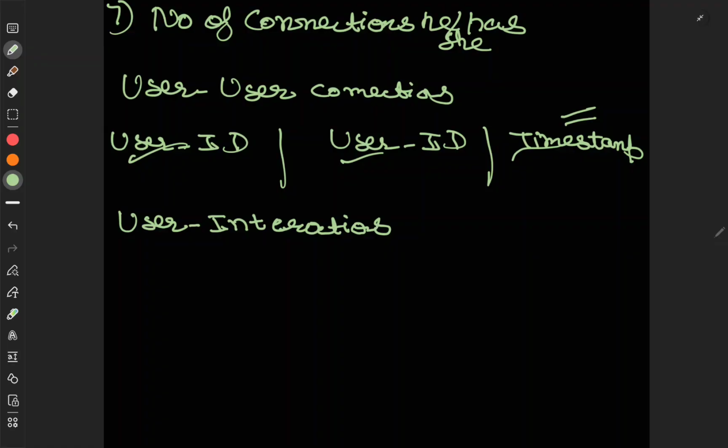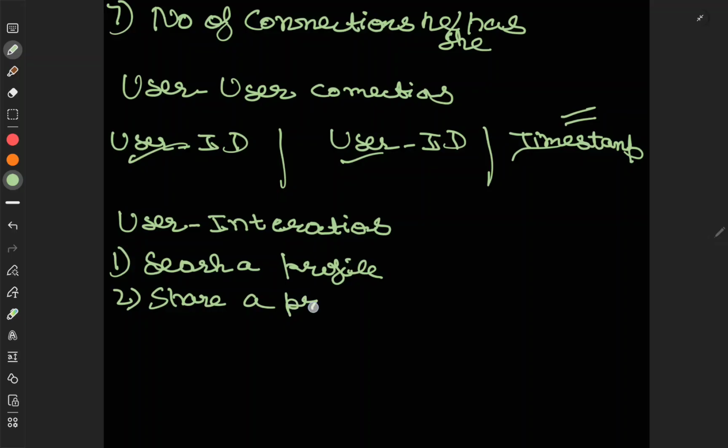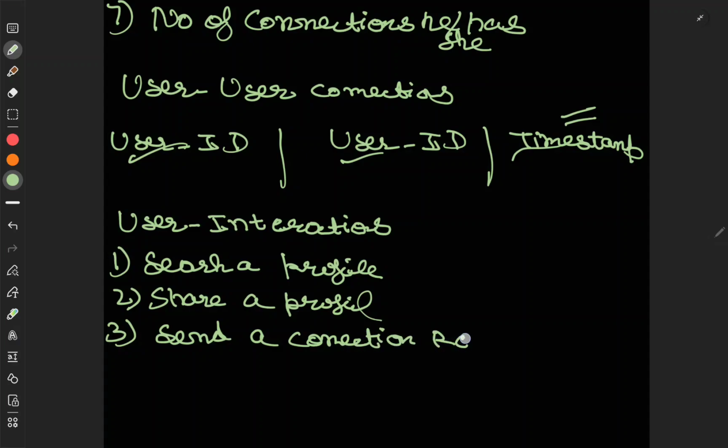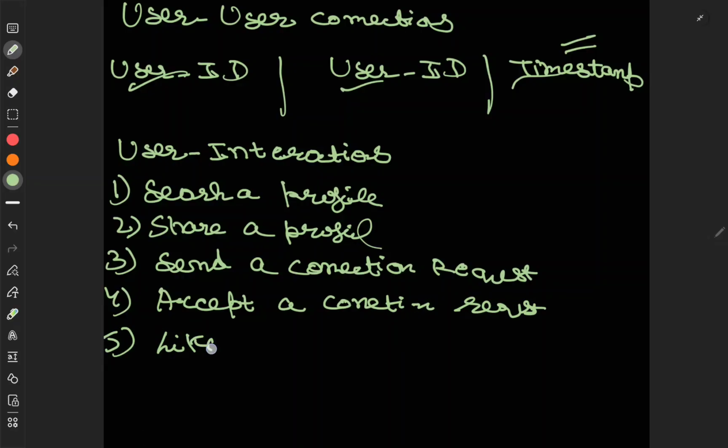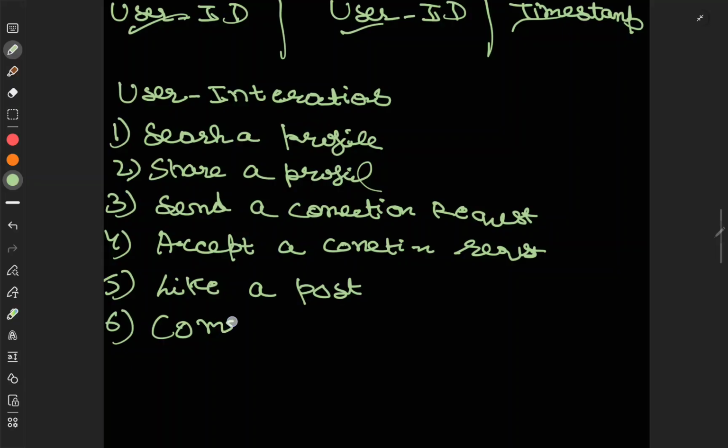So when we say user interactions, what does it mean? You can search a profile, you can share a profile, you can send a connection request, then you can accept a connection request, you can like someone's post, you can comment over a post.